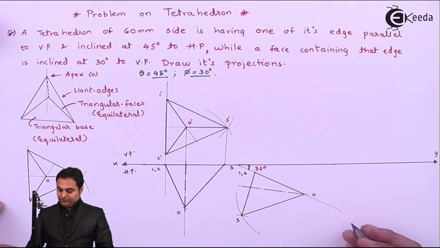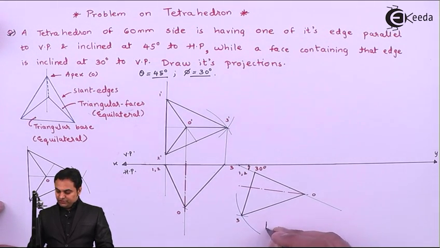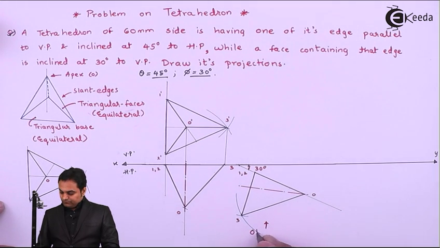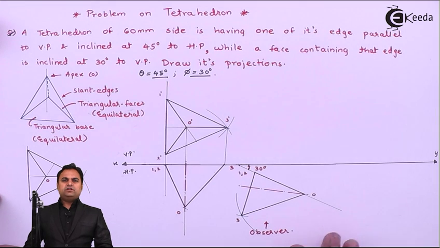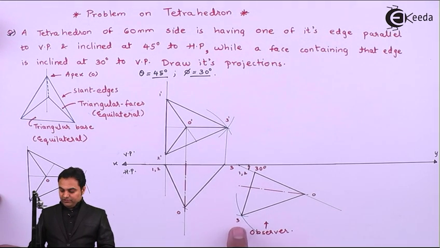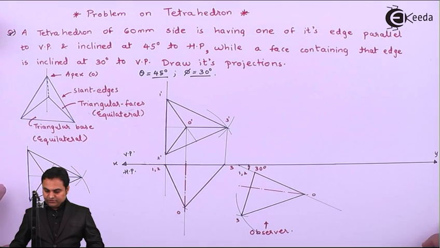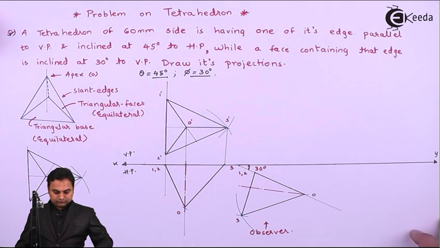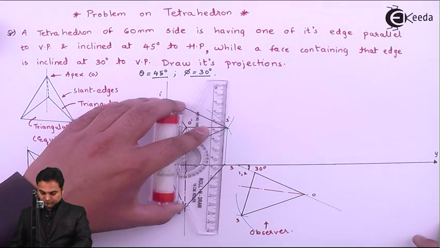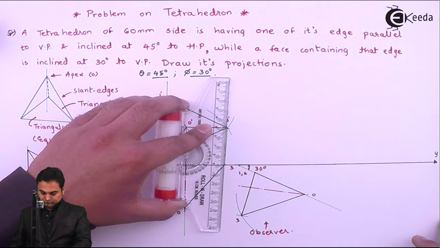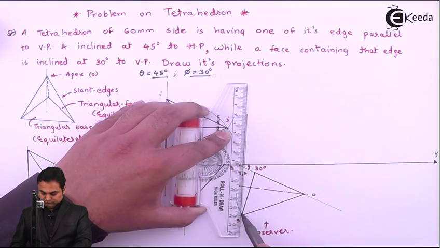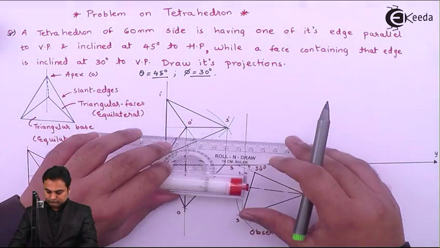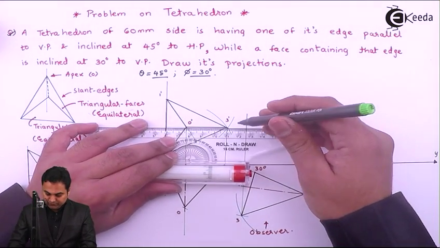Now I'll draw the front view for it, and for that observer is here. So as an observer, those points will be projected first which are closer to the observer. So if we see from here, point 3 is closer, so that will be projected first. Point 3 dash from the front view.